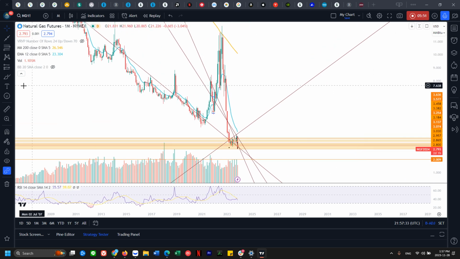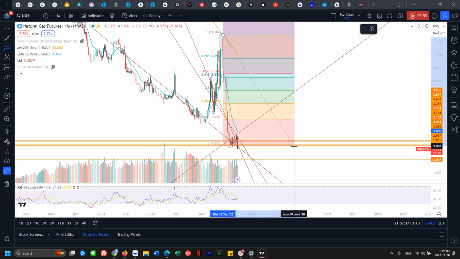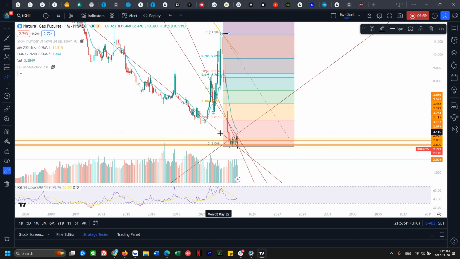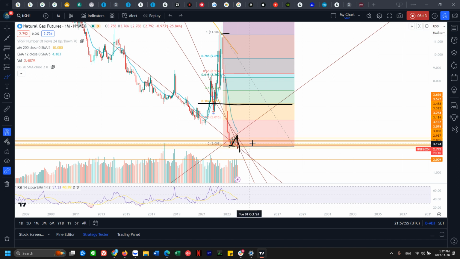This is where I talked about if it doesn't bounce over 0.382. So we measure from the top of the move to the bottom of this move, and then this is the bounce. We pretty much bounced maybe 10% of that move. So as long as it's below 0.382, which we weren't even near, it's a bear flag. And we pretty much broke the prior low, so it's a confirmed bear flag at this moment.